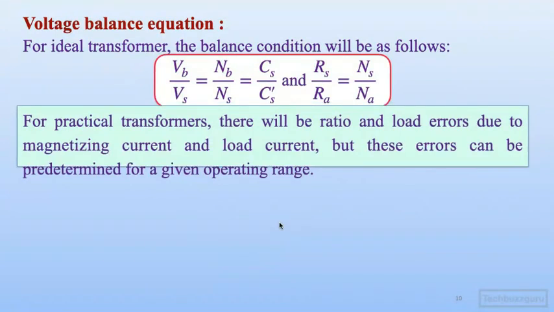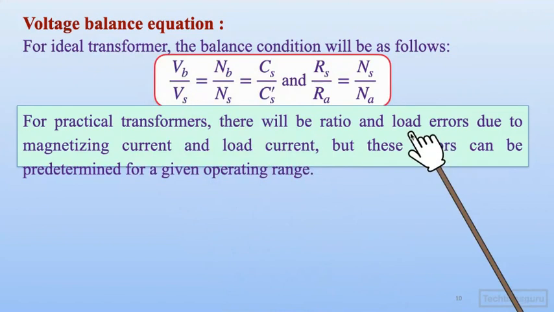For practical transformers, there will be a ratio of the load errors due to magnetizing current and load current, but these errors can be predetermined. So the difference between an ideal transformer and a practical transformer is that there is always some ratio error. VB by VS will not be exactly equal to NB by NS.